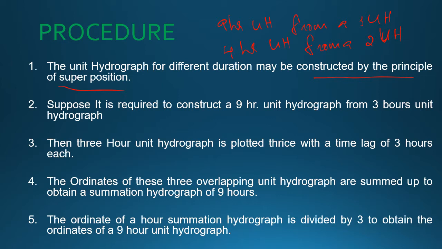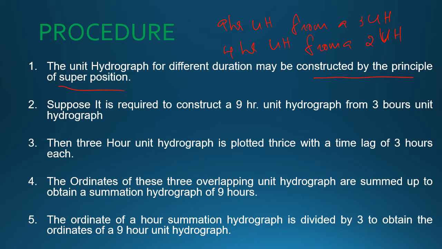for this method to be applicable, the unit time of the unit hydrograph that has to be derived should be a multiple of the unit time of the given unit hydrograph.